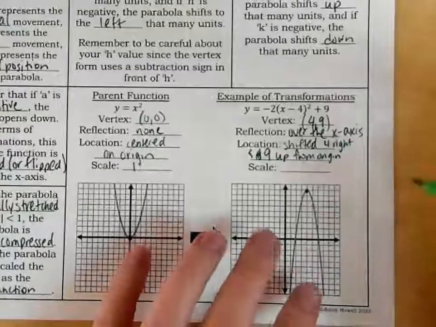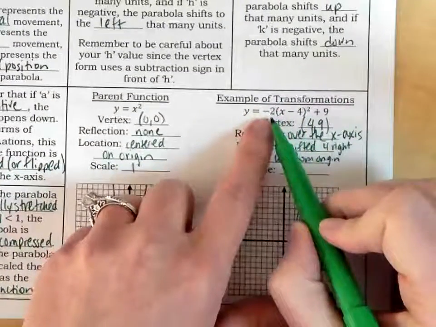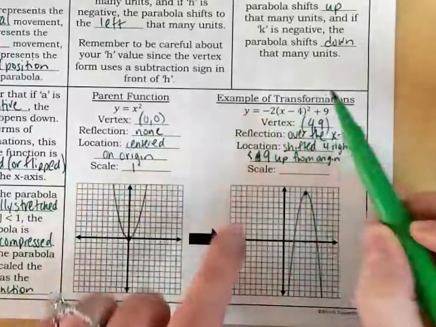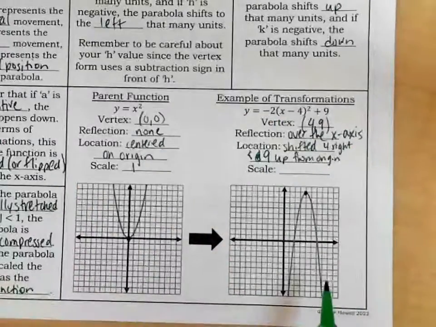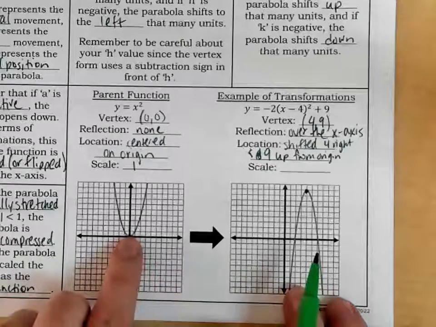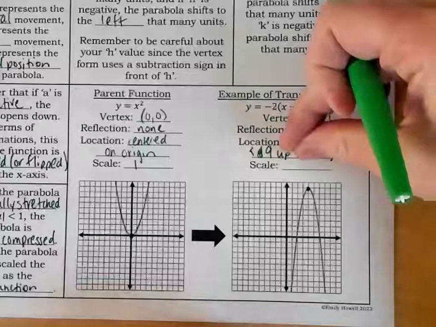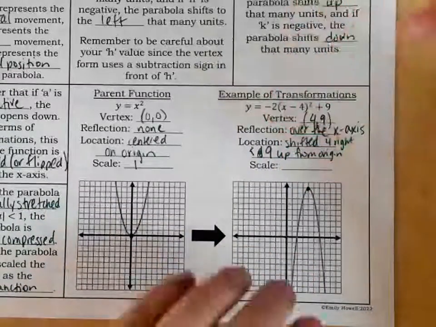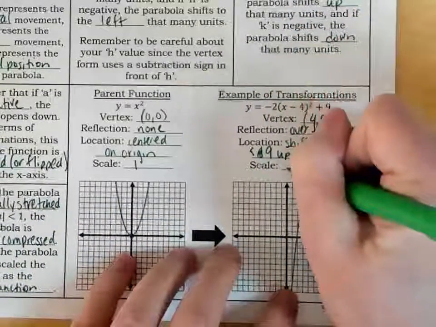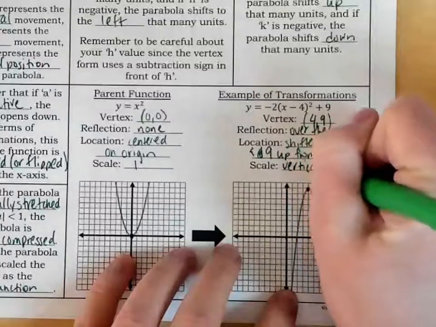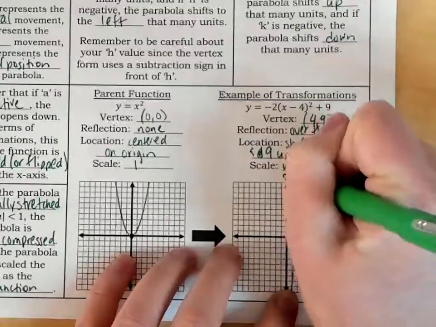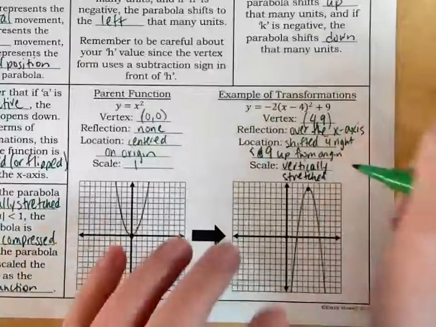And as far as scale goes, if you look here, this is a 2, and it's a little bit difficult to see in the parabola just because it's not a huge change in the scale, but this as being 1 and this as being a 2, you notice it's a little bit skinnier, so it's actually been stretched just a little bit. So the scale here, it's vertically stretched by a factor of 2.